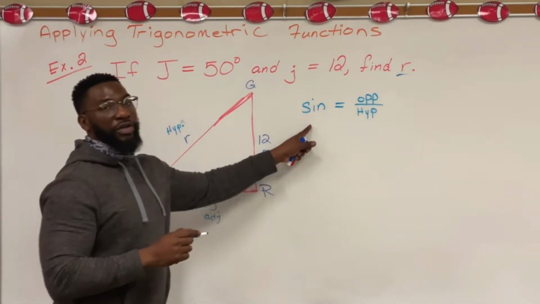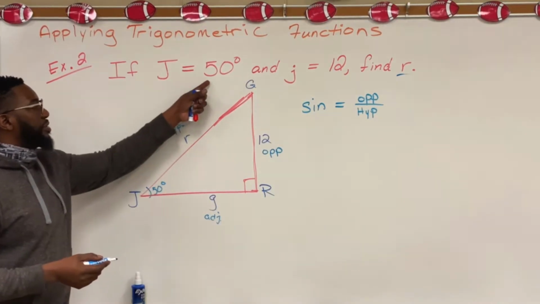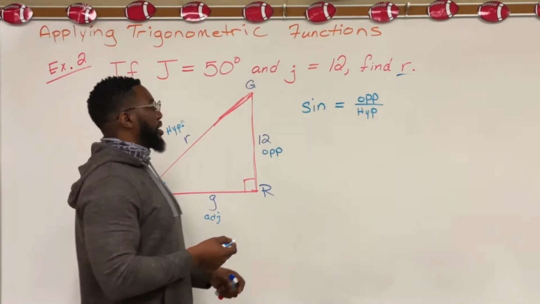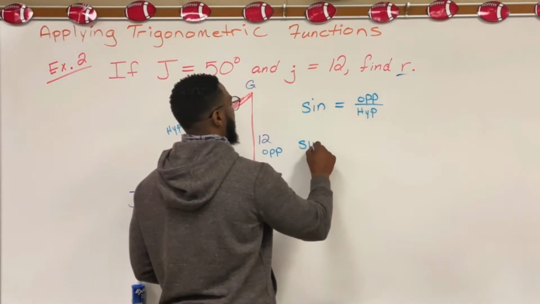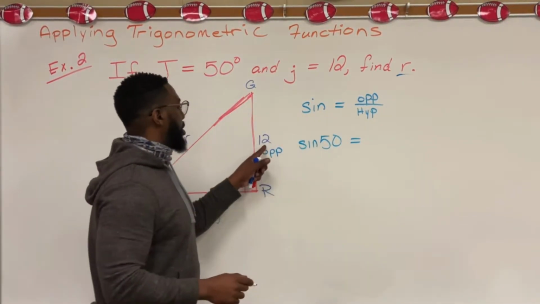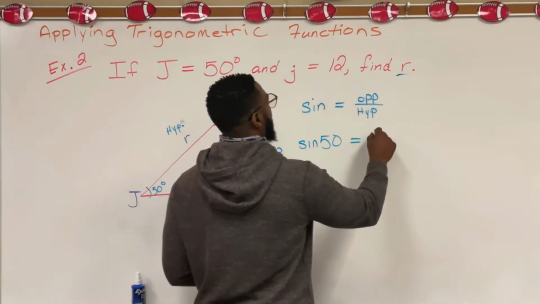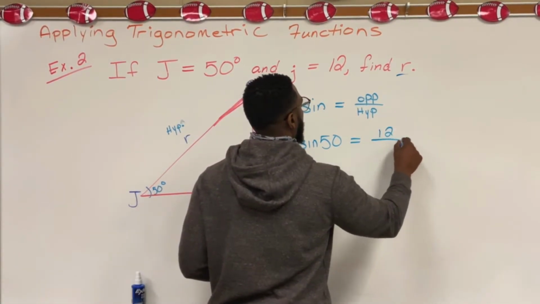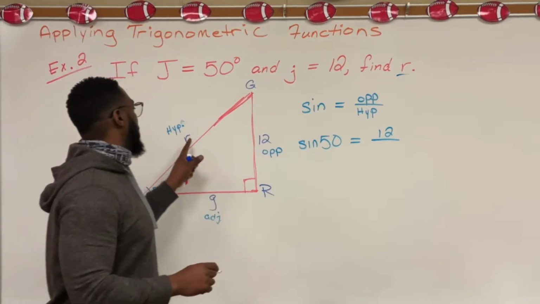Basically, we're going to find the sine of whatever degree they give us. They give us 50 degrees. So the sine of 50 equals 12 over R.